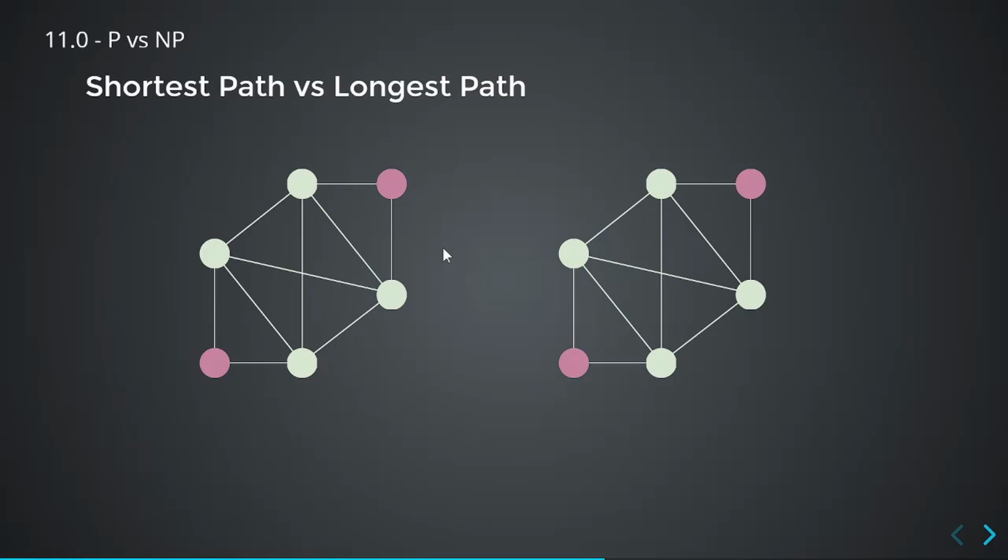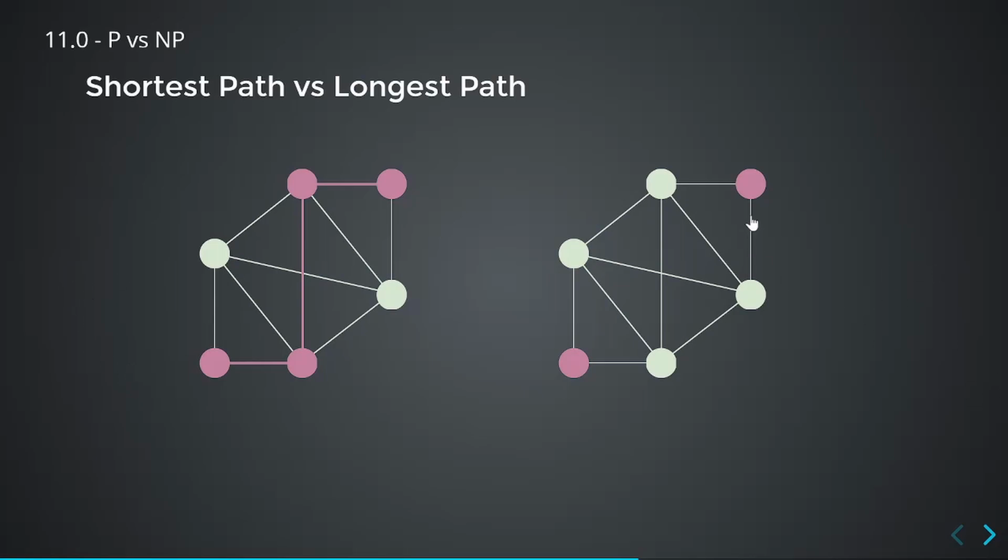You can spot that in a second. Just go 1, 2, 3. There are many combinations, but it seems easy to just picture the shortest path there, and it's quick to verify as well.